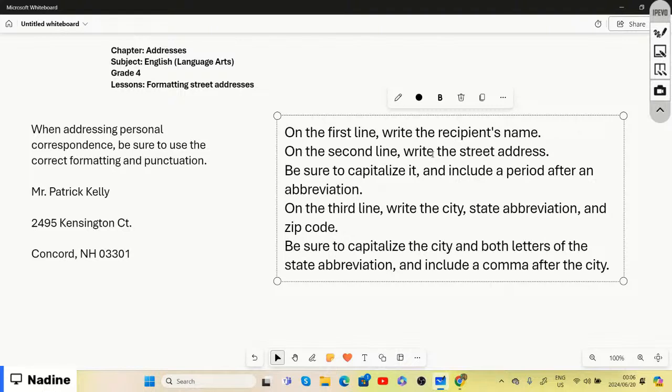Nowadays, I highly doubt a lot of people are even sending letters. Some people I'm sure never even went to their mailbox, especially if you're in grade 4.